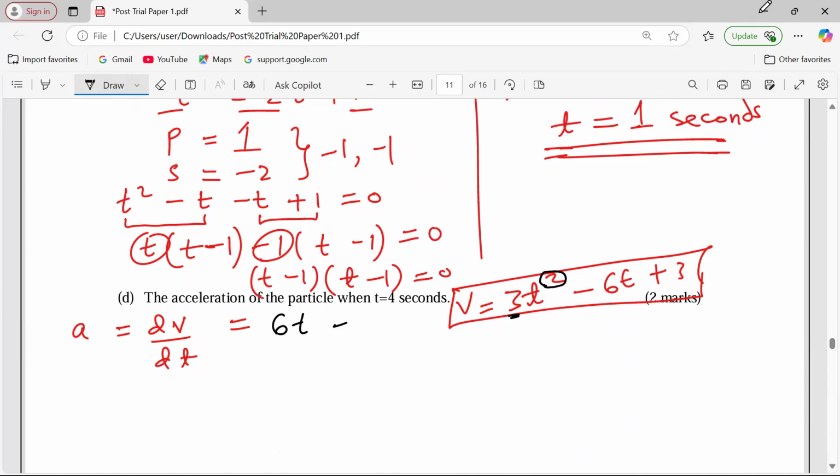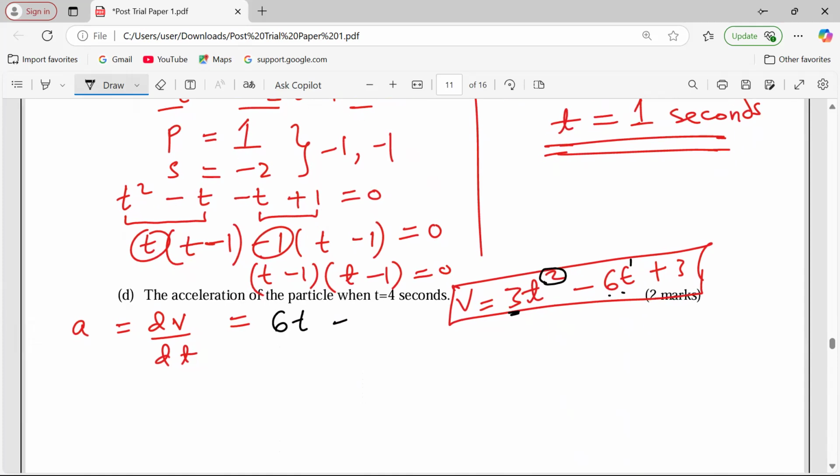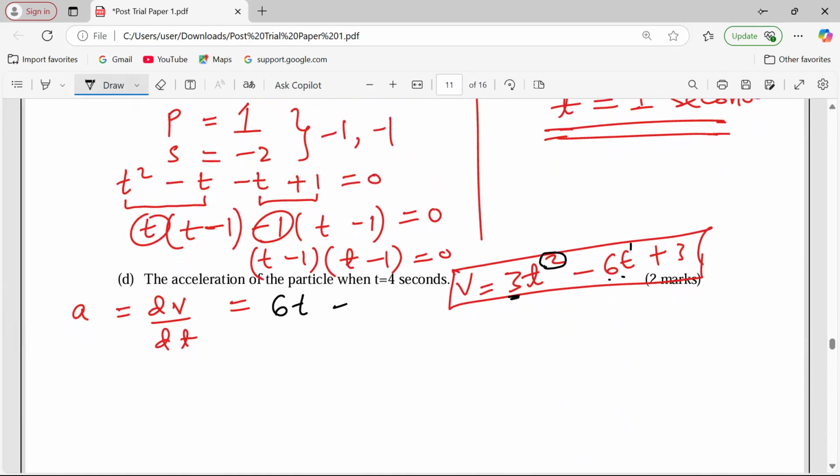Then minus the second term, we have negative 6t. So t is already power 1. We drop the 1 to multiply 6, and it becomes negative 6. Then t, which was to power 1, now becomes power 0. The power has to reduce by 1. So when t has reduced to power 0, its value becomes 1.